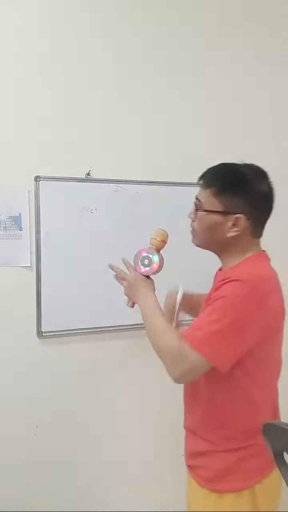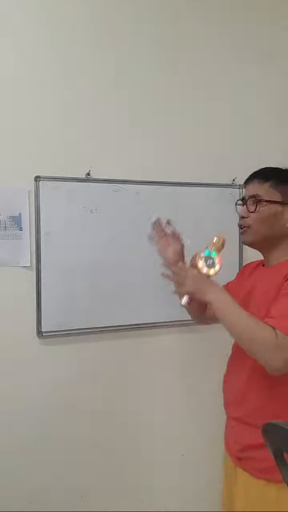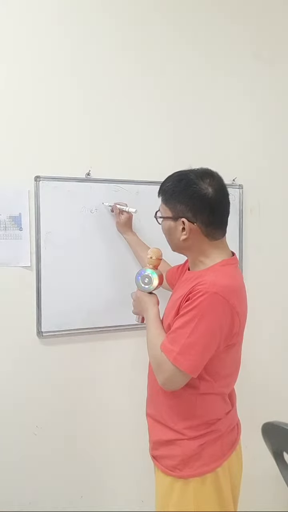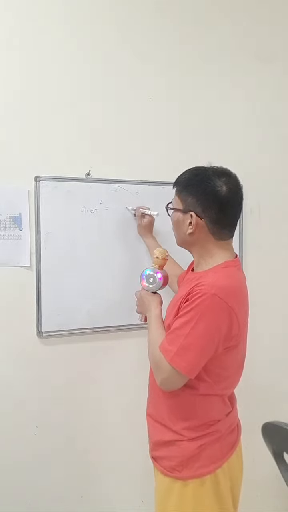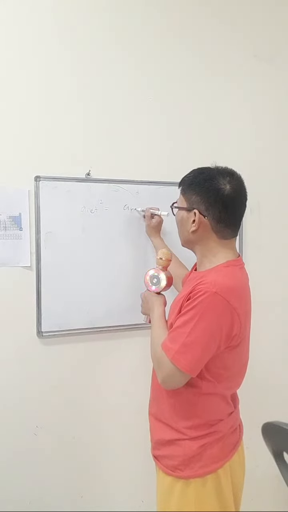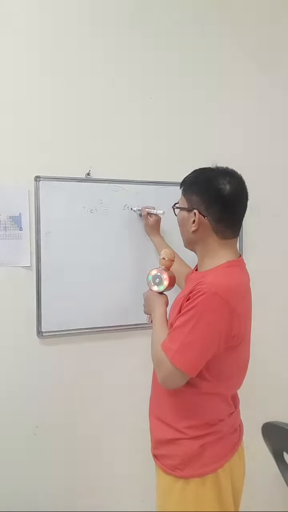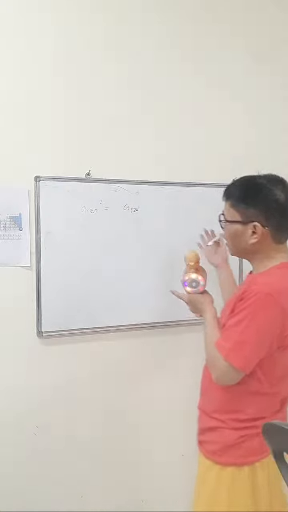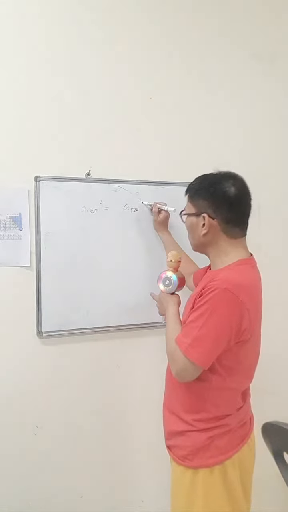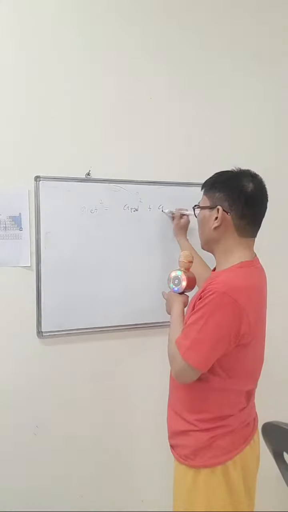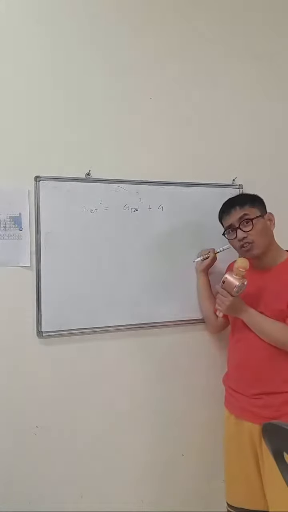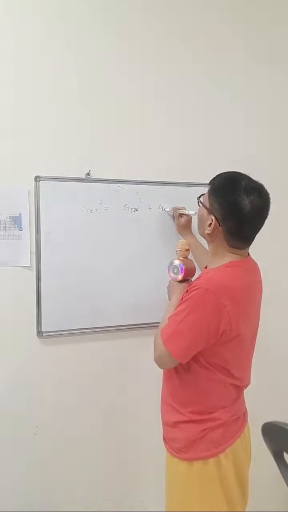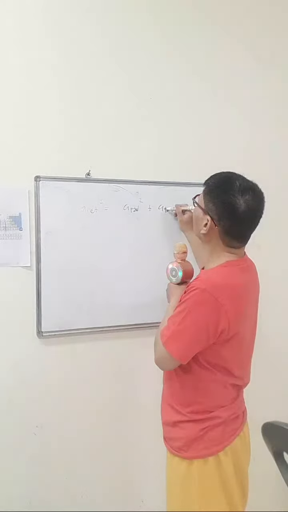Based on the relations of acceleration, we can come up with acceleration net raised to the power 2 is equal to acceleration radial, AR or AC, it doesn't have any difference, it's the same, raised to the power 2 plus tangential acceleration raised to the power 2.